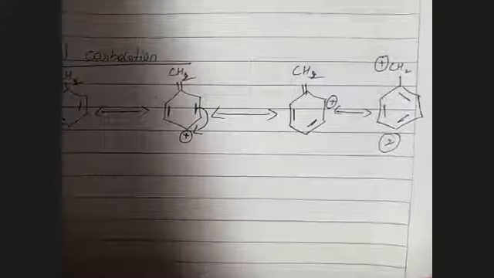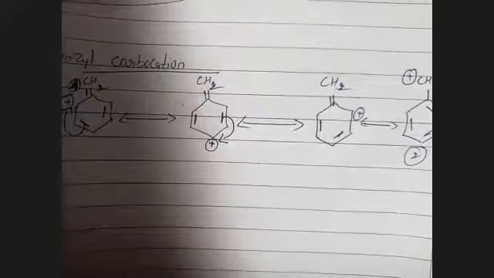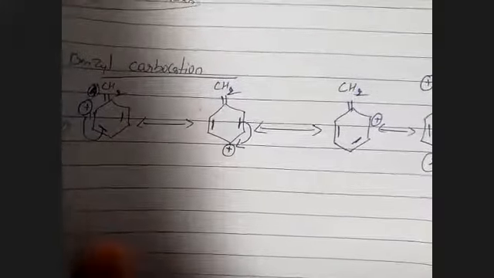There will be a change in the position of the bond. Look, the position of the bond has changed. Right? There is a change in the position of the bond. This is called the resonance structure of benzyl carbocation. Benzyl carbocation.